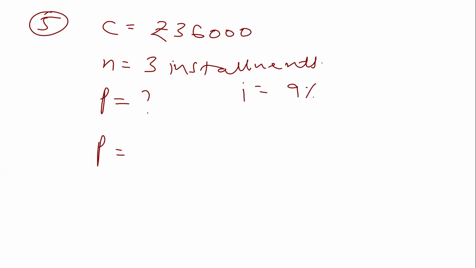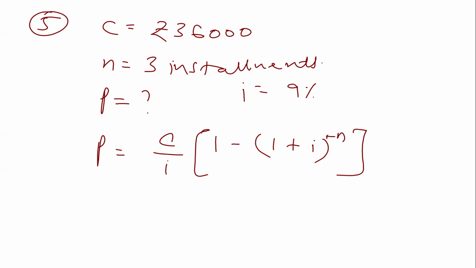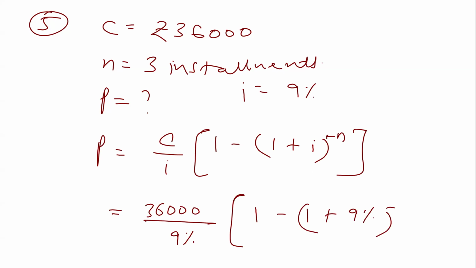So P is equal to C by i, 1 minus (1 plus i) raised to minus n. Okay, I'll be solving this problem entirely. C is 36,000 upon 9%, 1 minus (1 plus 9%) raised to minus 3. Write that 9% as 9 upon 100.